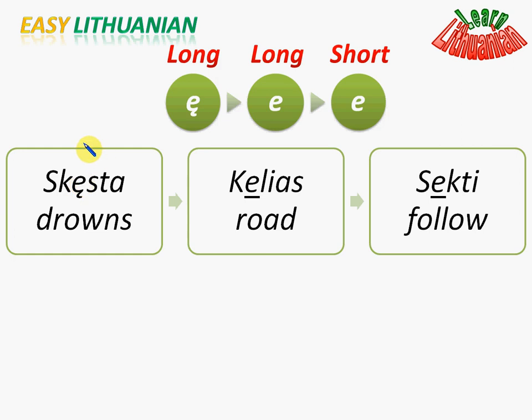Because in the past tense, skando, the consonant is there, and in the present tense skęsta the consonant disappears. That's why we write the nosinė letter. The second, kelias. Long vowel written the same as the short one. The third, sekti. A simple e.